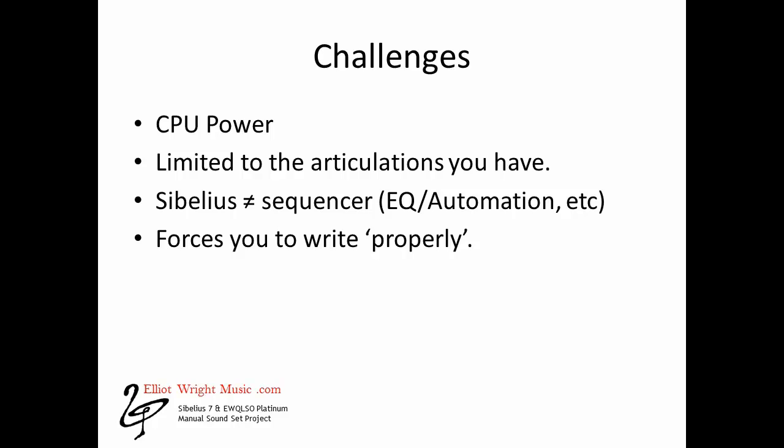If you're working in a sequencer, you can load up, say, a 6 horns patch and a full string ensemble patch and play in block chords or play as though you're playing the piano, and you can get a pretty decent sound, and I don't want to discredit people who are doing that, but you can't quite do it the same way in Sibelius because we're treating the instruments as individual instruments, and the only way to get them to sound right is to write in a manner which actually makes the real instruments sound right.